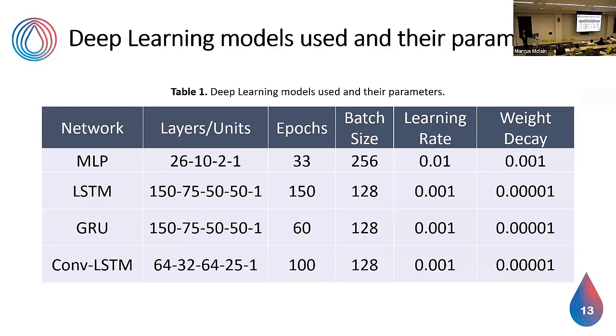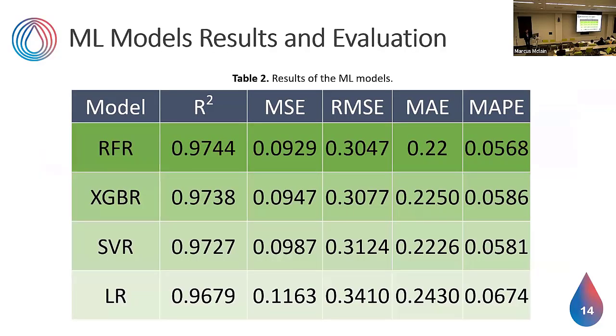The deep learning models were tested using the following architecture. You can see that the MLP model has 4 layers with 26, 10, 2, and 1 units. You can also see epochs, batch size, learning rate, and weight decay for all the deep learning models.